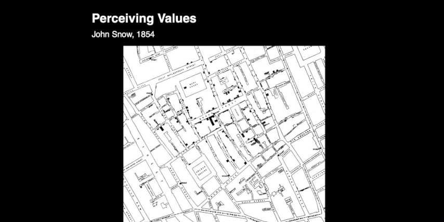One interesting fact is that there was a little outlier around the pump. So here's the pump, and all these little tallies, these kind of look like bar charts, are the tallies of the total number of people that died from cholera. So this is the infected pump. And you can see that more people died around this pump than anywhere else.